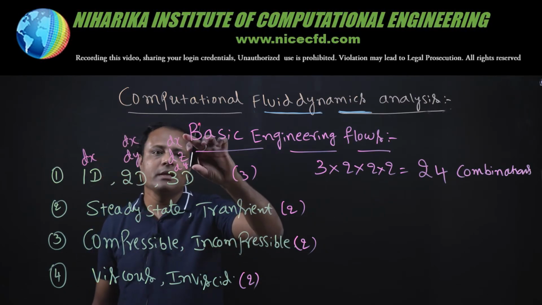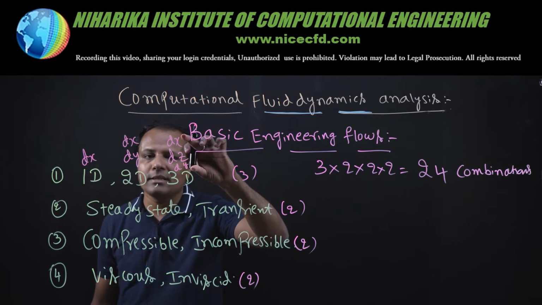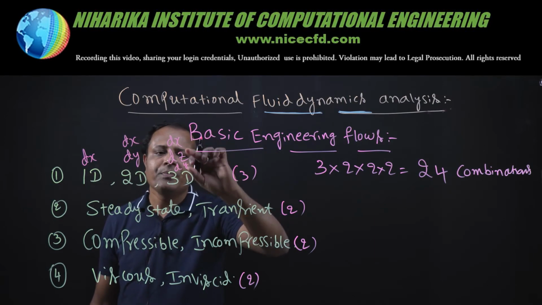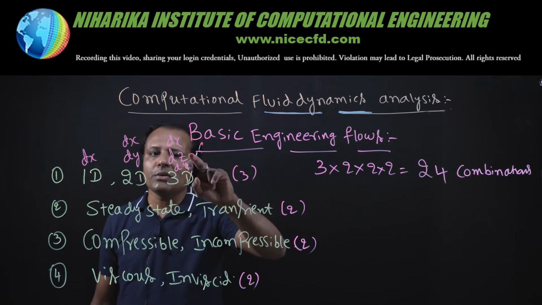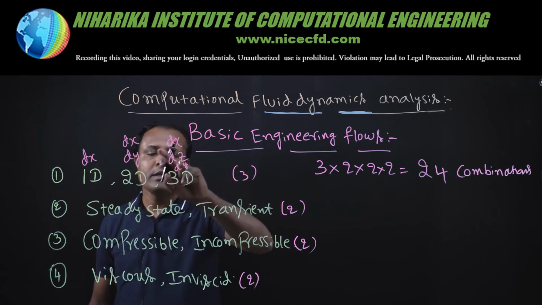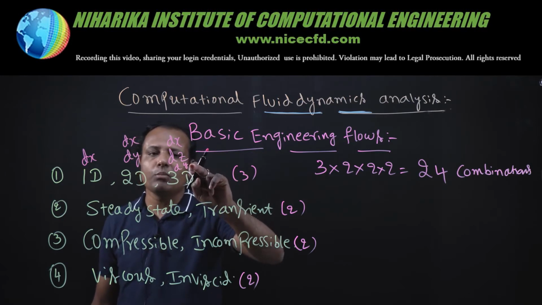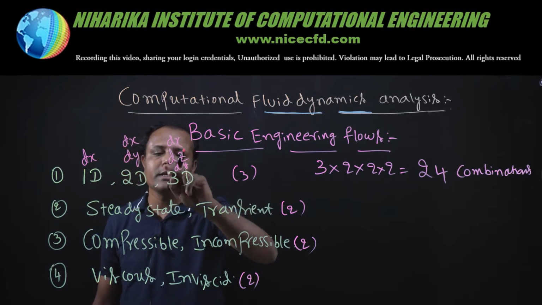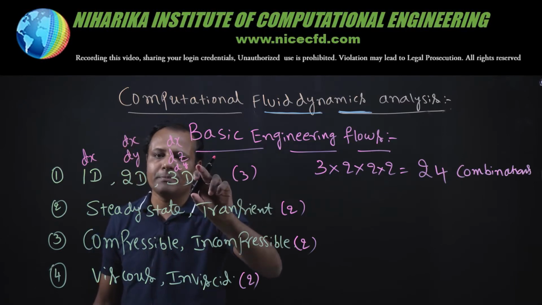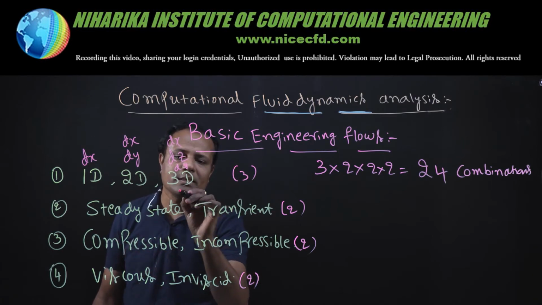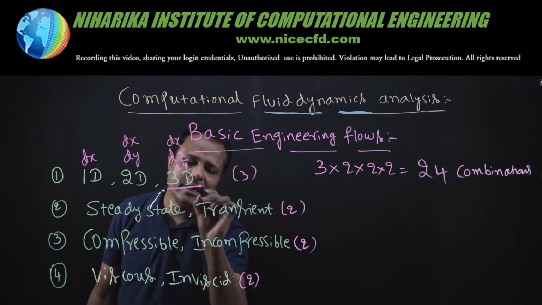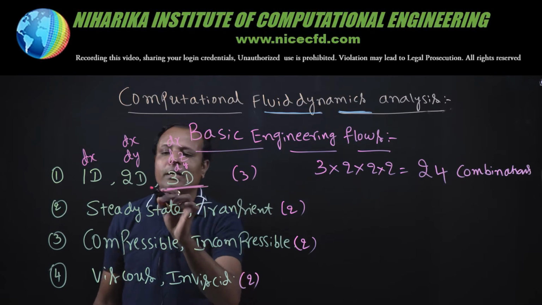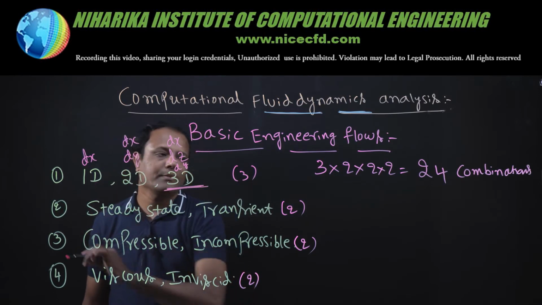For example, take 3D which contains dx, dy, dz. If I equate dz to 0, it will become 2D. If I equate dy and dz both to 0, it will become 1D. If I retain dx, dy, dz, it will become 3D. So 3D contains the terms which are applicable to 1D and 2D.